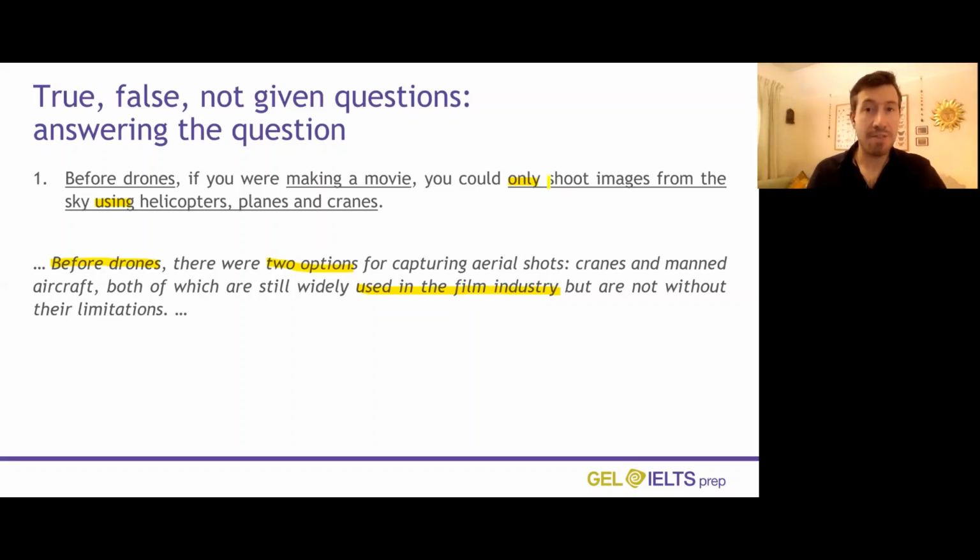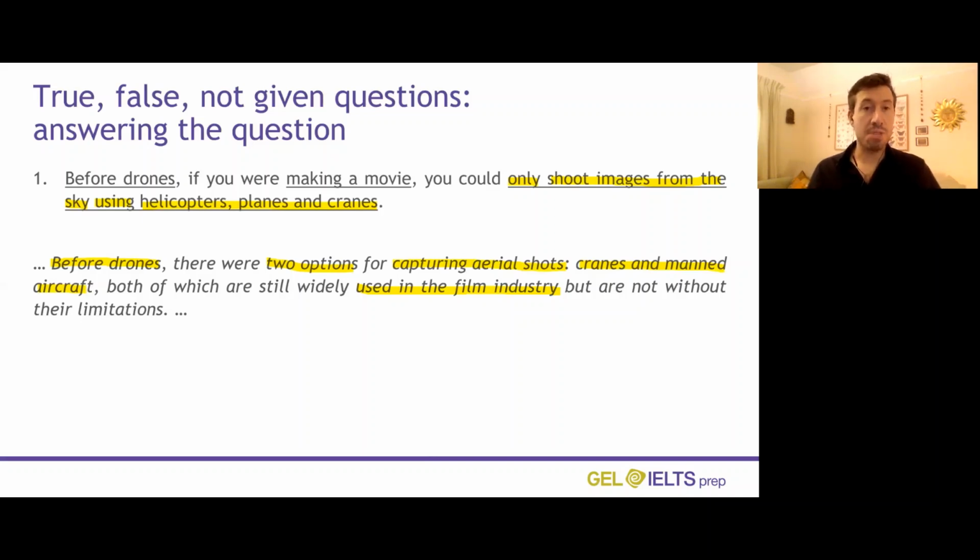And then we have here shoot images from the sky. And again, we can see here we've got capturing aerial shots. And then we can look at helicopters, planes, and cranes. And here we've got cranes and manned aircraft. So we can see that all of this information is contained in the text.